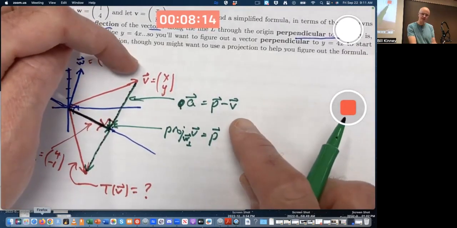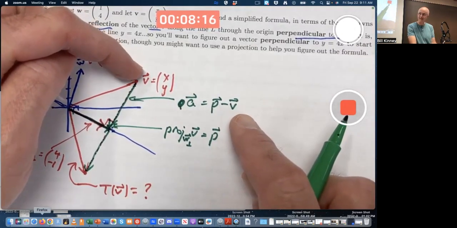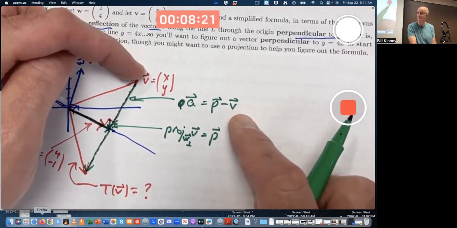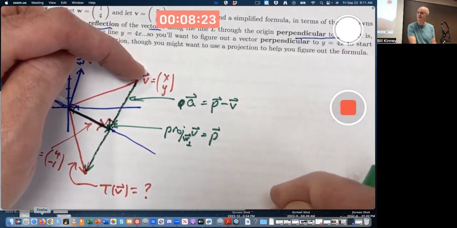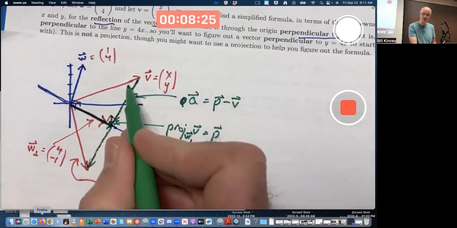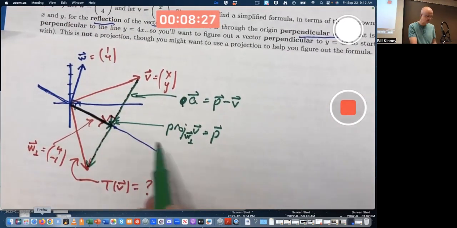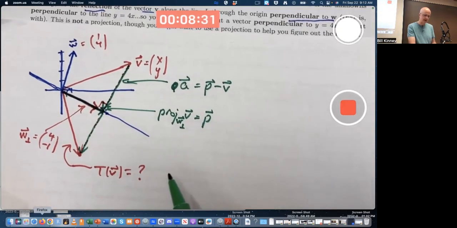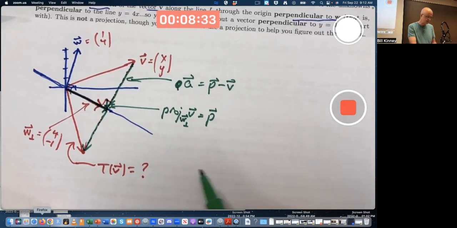I have to add these 2 vectors to get P. And if you add these purely symbolically, V plus P minus V, the V's will cancel, giving you P. And we know by the geometric meaning of vector addition that it does have to give you P. So it looks like symbolically, in terms of these symbols here, T of V should be V plus 2A, doesn't it?